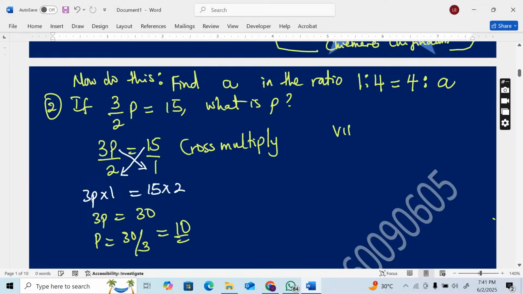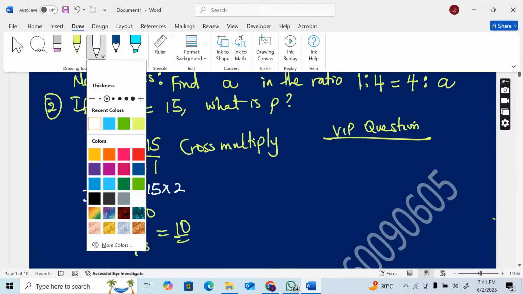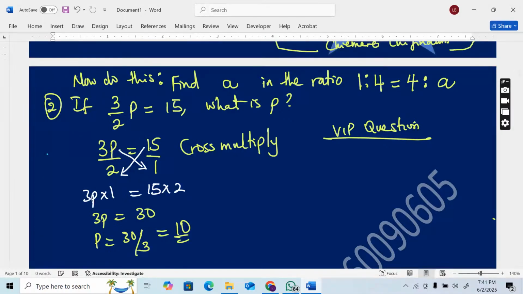This is your VIP question. Who becomes the VIP tonight? Whoever solves this question very fast, the first 10 pupils, will become the VIP if you can get the answer right.